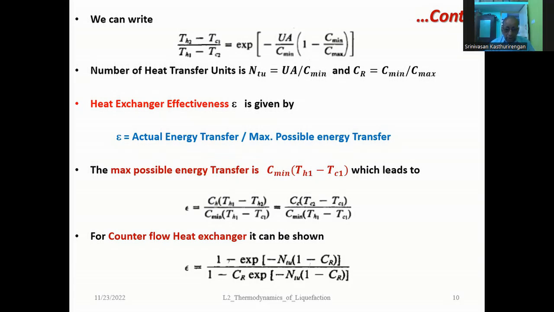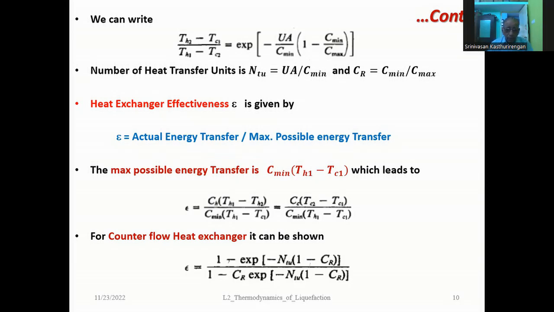Now in such a case, epsilon can be written as Ch (Th1 minus Th2), because the hot fluid is losing a certain amount of energy. Its heat capacity rate is Ch, and the temperature goes from initial Th1 to final Th2. So the energy transferred by the hot fluid is Ch into (Th1 minus Th2). This should be divided by Cmin into (Th1 minus Tc1).